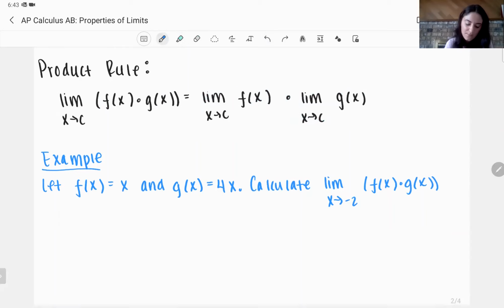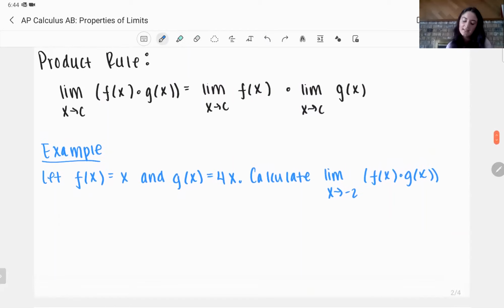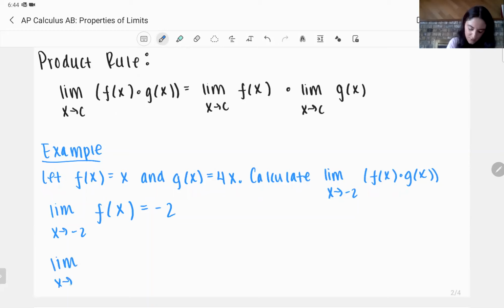Okay, so in our example, f of x is equal to x and g of x equals 4x. Calculate the limit as x approaches -2 of f of x times g of x. So like all the others, we're going to start by just calculating the limit as x approaches -2 of f of x. And that is going to be equal to -2. Next, we'll calculate the limit as x approaches -2 of g of x.